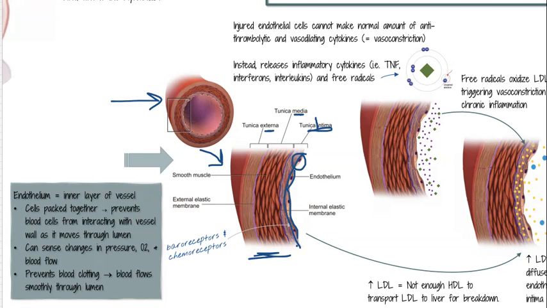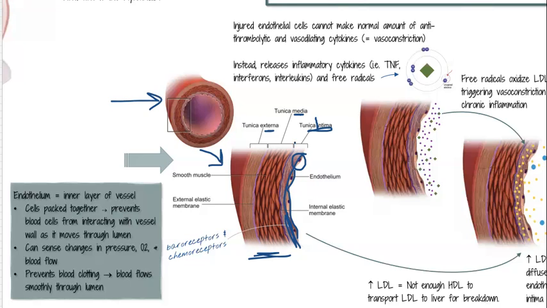The reason it's important to keep an eye on that is that the collagen will come into play later. So just remember that this basement membrane is right underneath the endothelial cells, and it consists of elastic fibers and proteins, but also collagen, okay?